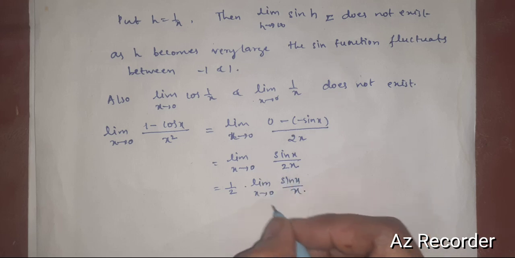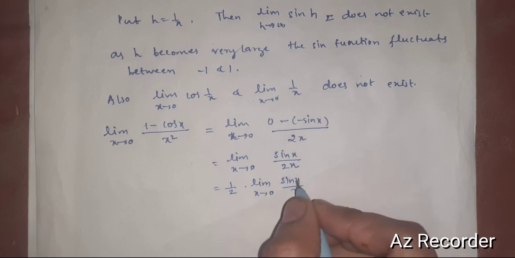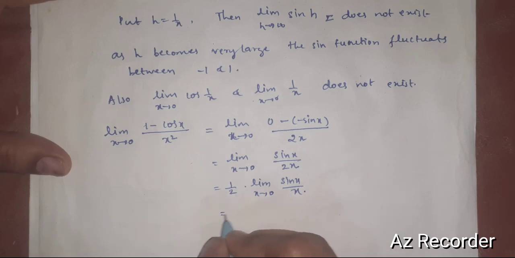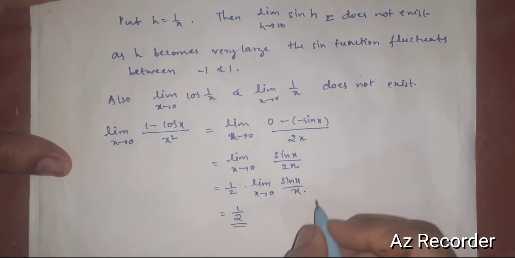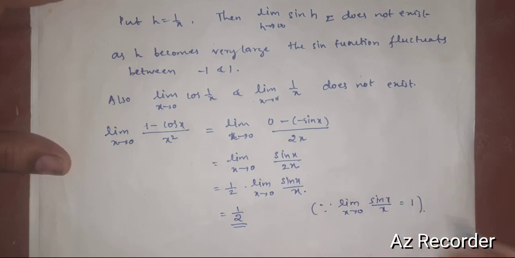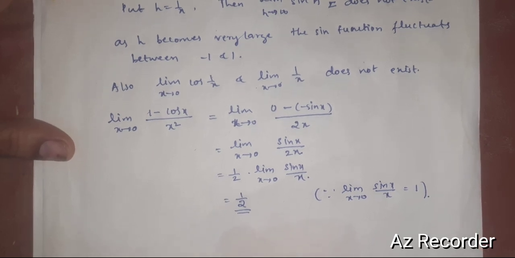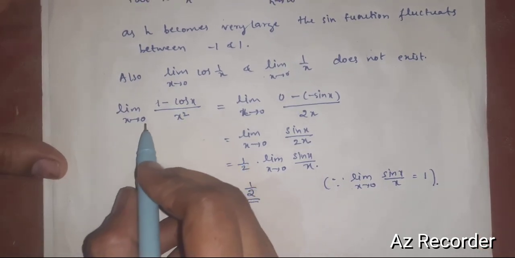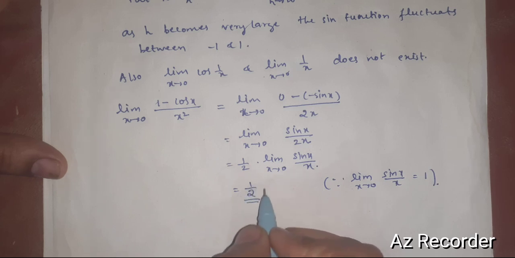So what is the value of this limit? The limit as x tends to 0 of sin x by x equals 1. So the value is half. So the limit exists: the limit of the function 1 minus cos x by x square as x tends to 0 exists, and its value is 1 by 2.